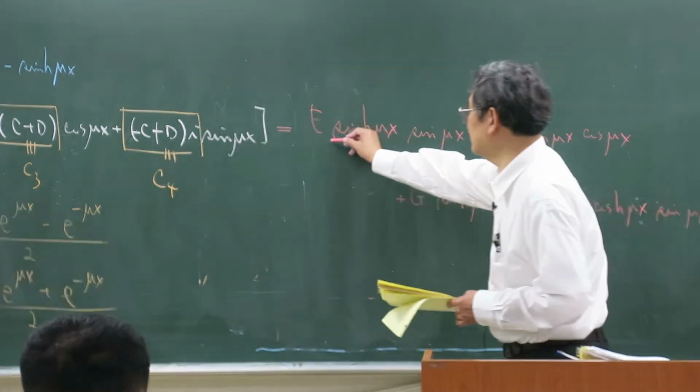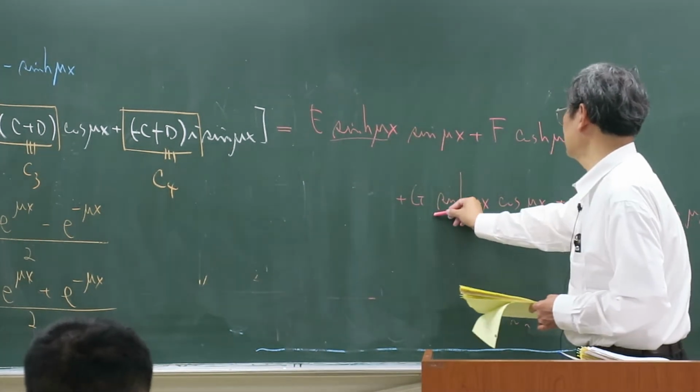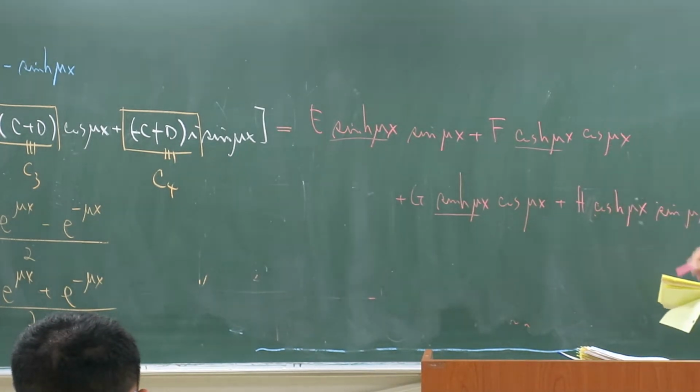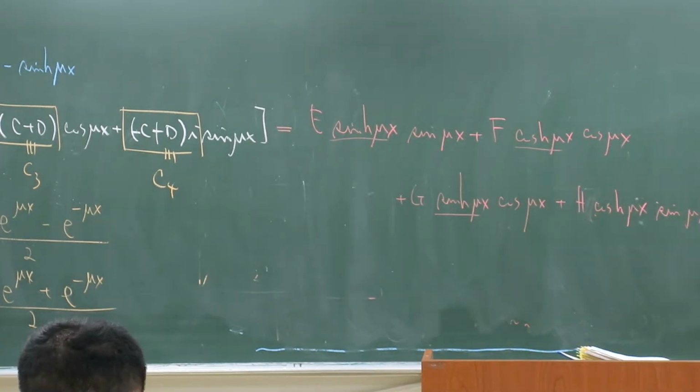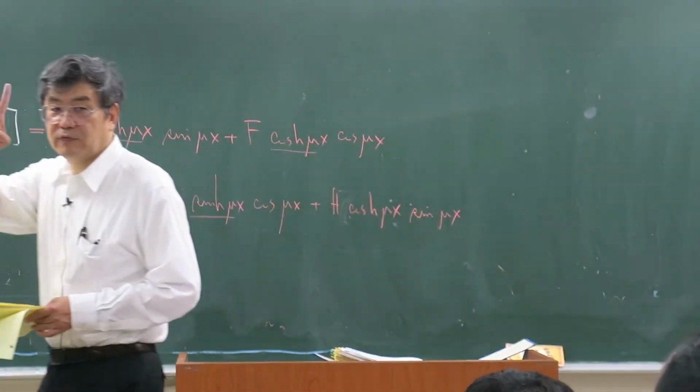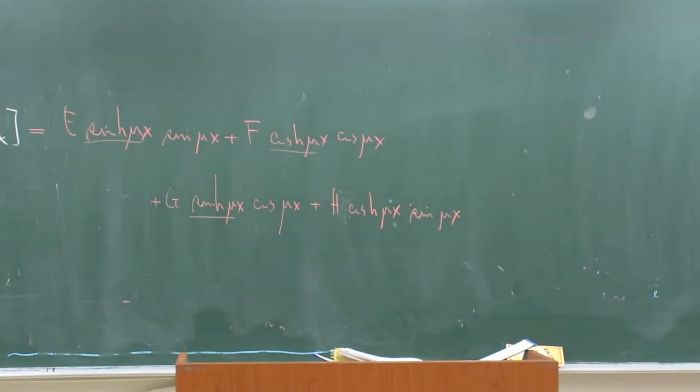Okay, hypersine with cosine mu x, hypercosine with cosine mu x. Okay. For the fourth root solution, that's why in the textbook or some paper, they directly write out something like this.